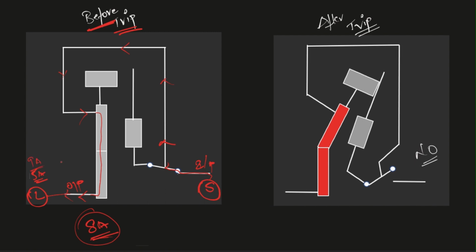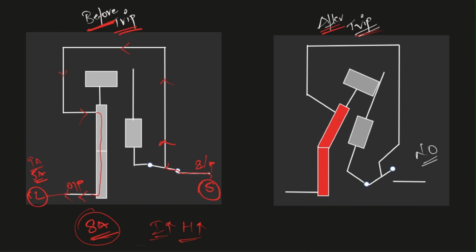When 9 amps current is passing through this bimetallic strip, you know when current increases, heat also increases because I square R losses also increase. When heat increases in this bimetallic strip, this bimetallic strip starts to bend slightly. That is our after trip condition.